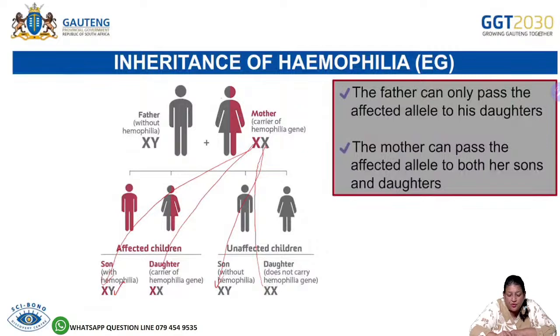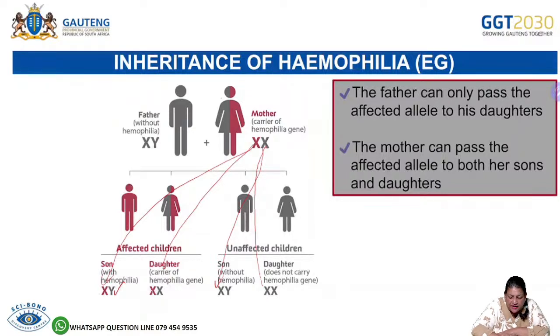Okay, we're not looking at children only, right? When you talk of children, you talk of sons and daughters. But if we want to know about just daughters, we can ask the question, what percentage of the daughters are having hemophilia in this chart?